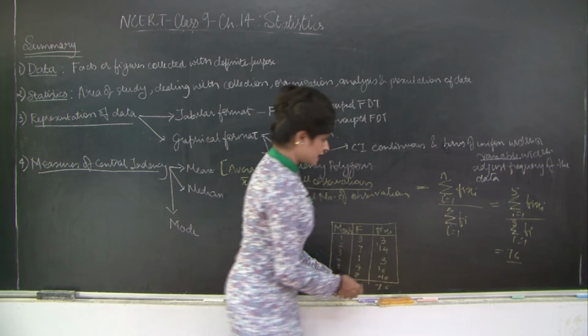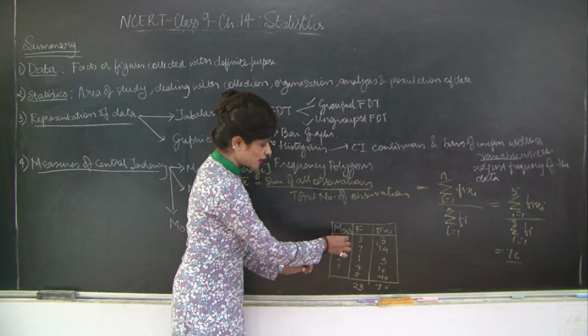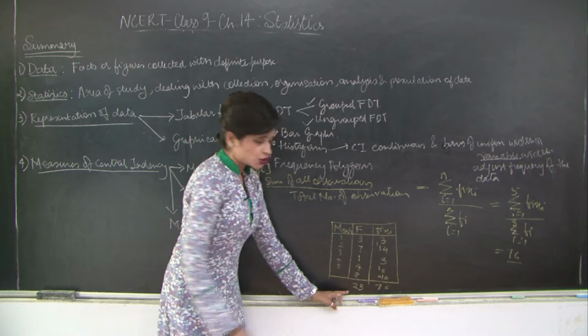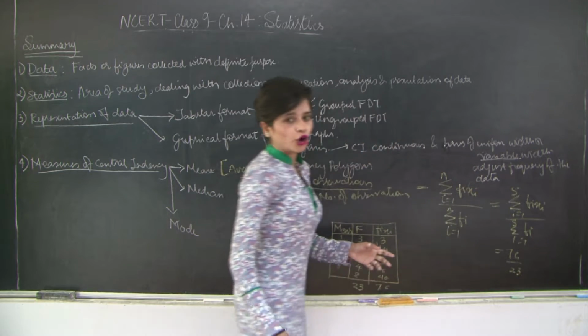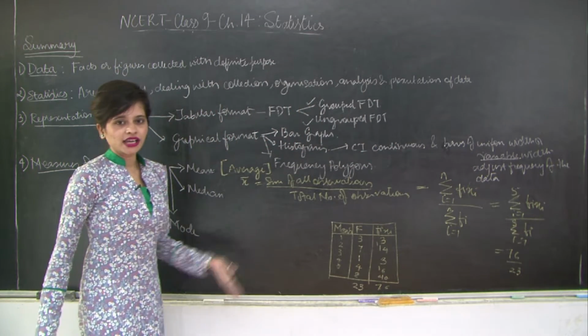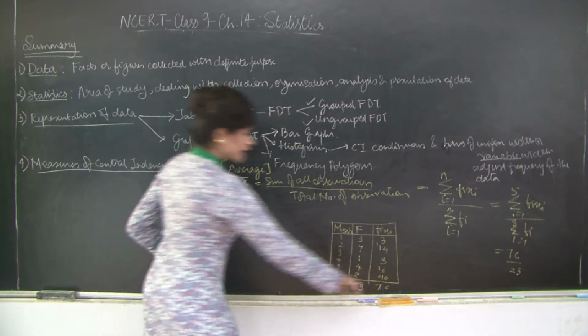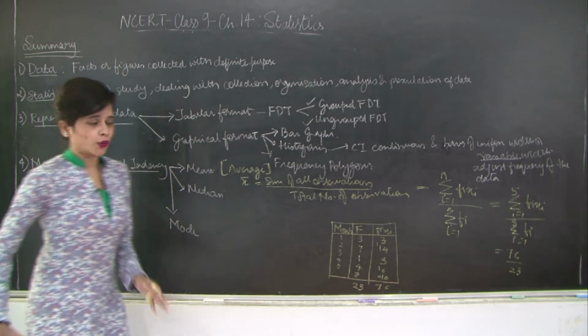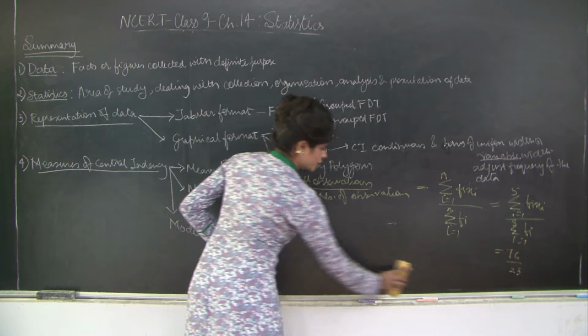And now we are just taking f_i in the denominator. So up to 5 entries. We have 1, 2, 3, 4, 5 entries. So what's the total? You have 23. So this is going to be your mean. 76 upon 23. You can calculate it further. I'm not really calculating it for you right now, but I hope you've understood what exactly average or mean is referring to.